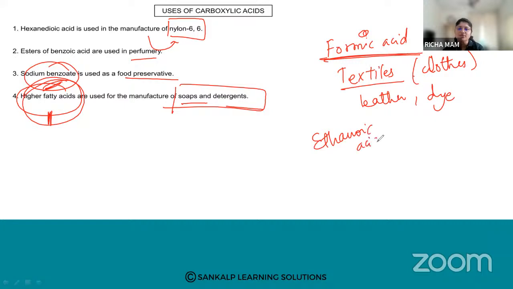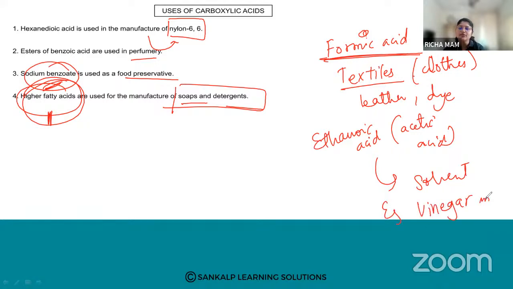Ethanoic acid, or acetic acid, is used as a solvent, and as vinegar in the food industry. So these are some of the uses of carboxylic acid.